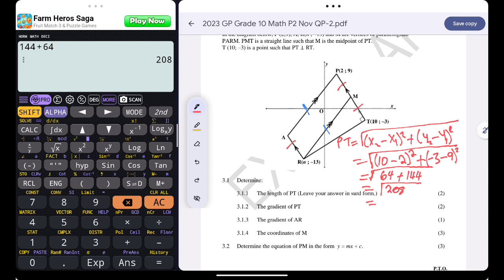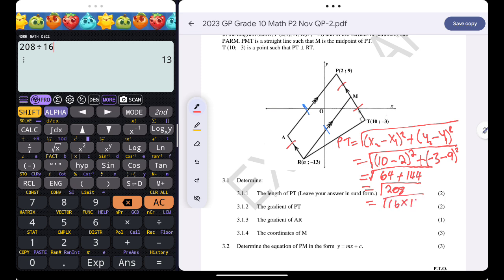And then how can I leave this in surd form? 208 divided by 4 gets 52. Let me say divided by 16, 13. So this is just 16 multiplied by 13, which will be 4 roots of 13.